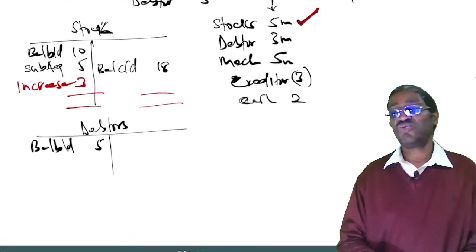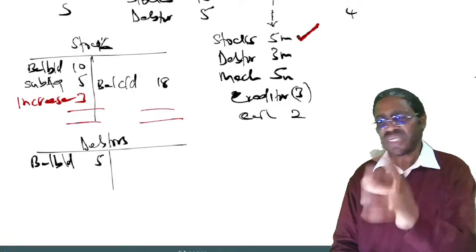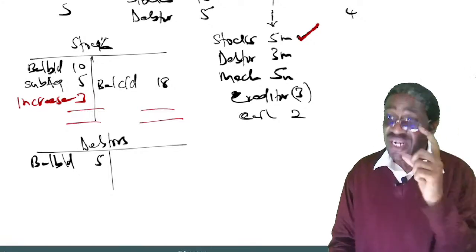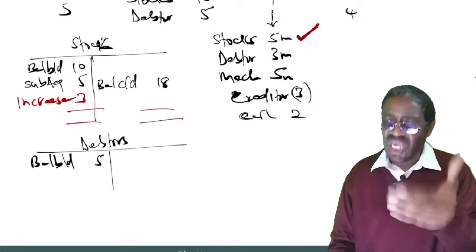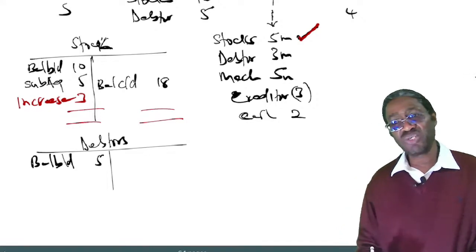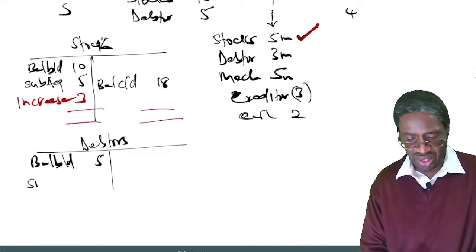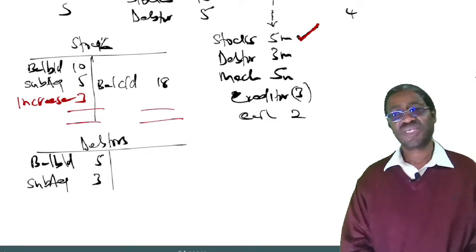Then you go and find out from the additional information what happened. We acquired a subsidiary during the year. That subsidiary came into the group with its own bunch of debtors amounting to 3 million. We increase, and we say subsidiary acquired 3 million.